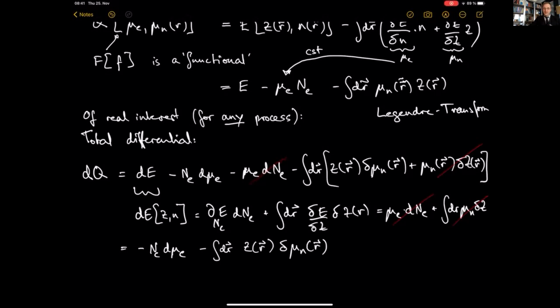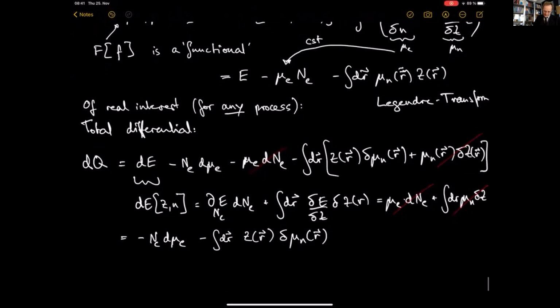Now, the spatial integral over the nuclear charges, the proton charge distribution, can of course reasonably well be approximated by the sum over the nuclear charges with some delta function, right?